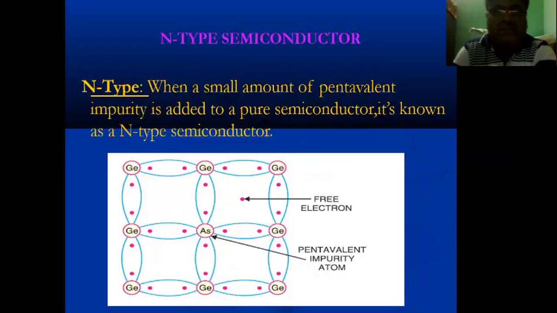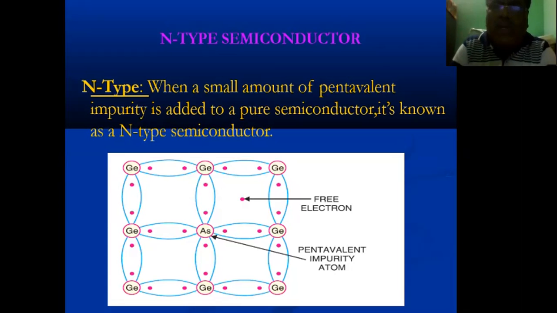Let us see. N-type semiconductor: when a small amount of pentavalent impurity is added to a pure semiconductor, it is known as an N-type semiconductor. Please remember.